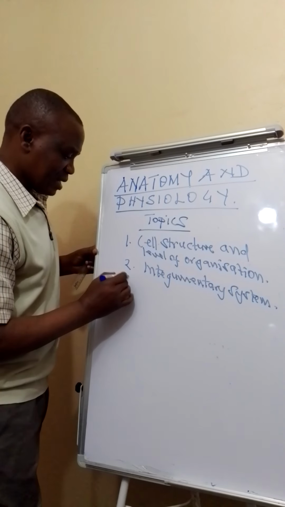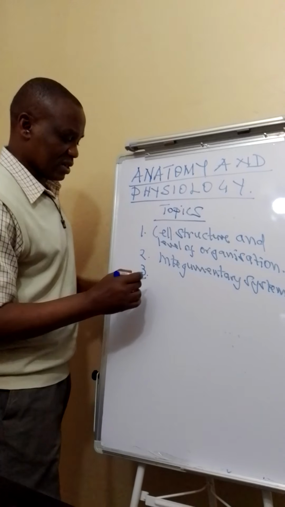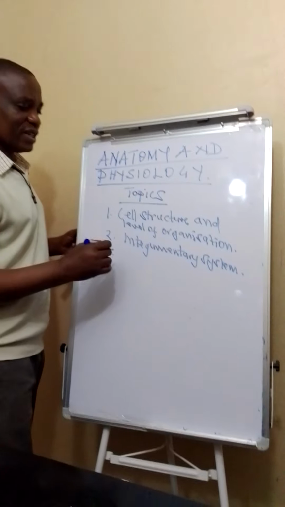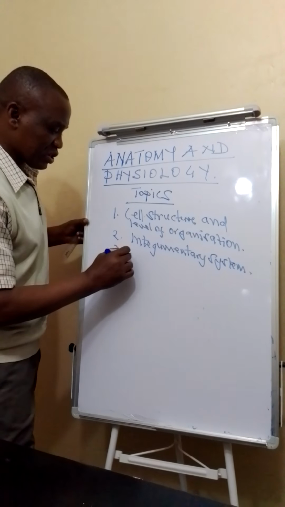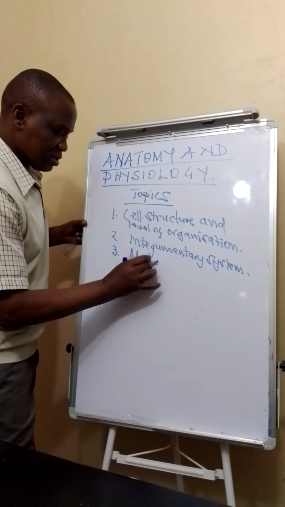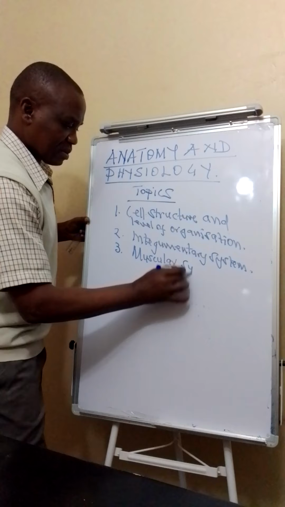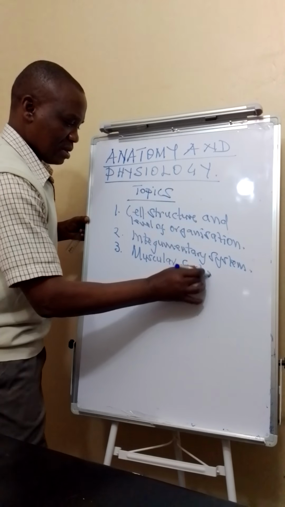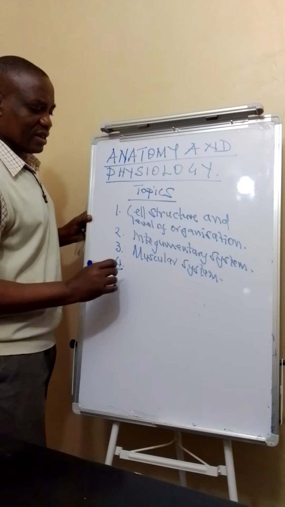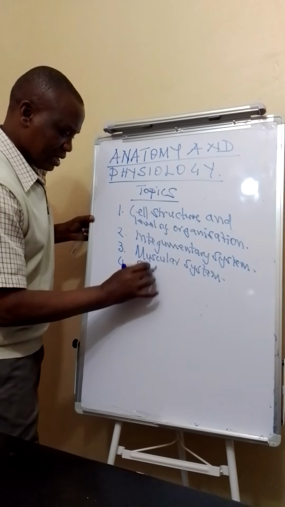The integumentary system involves the skin and its accessory organs. Then, immediately after the skin, you have the muscular system, the muscles, and its related structures. Then you know that the muscles cover the skeletal system. That will be the next one.